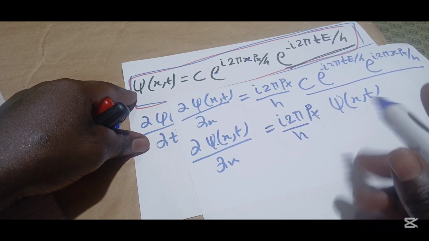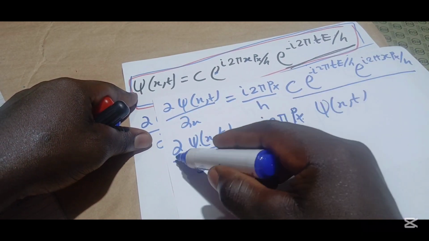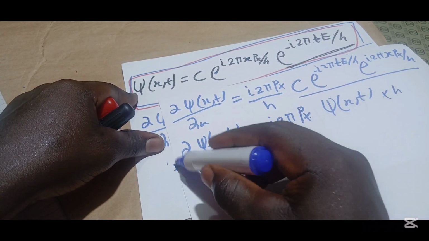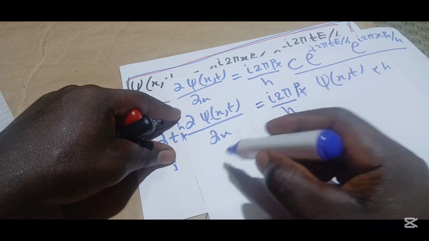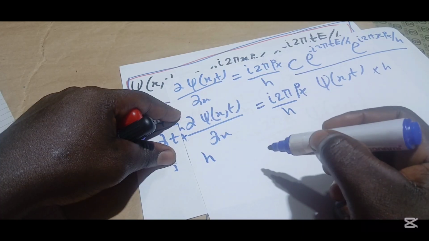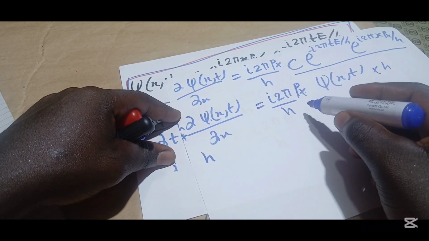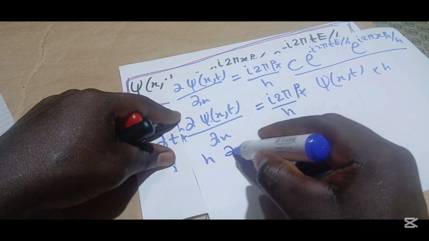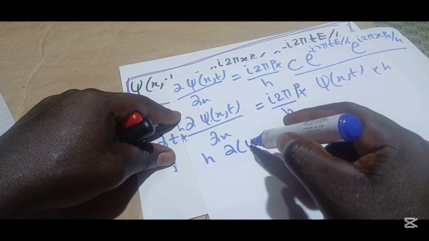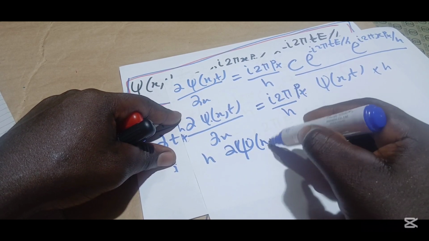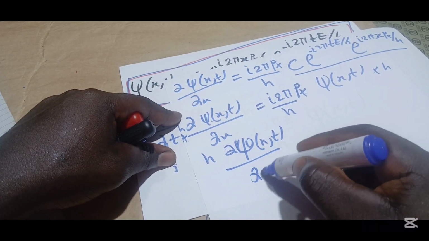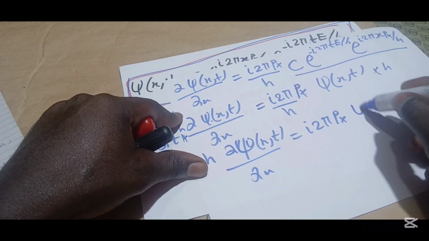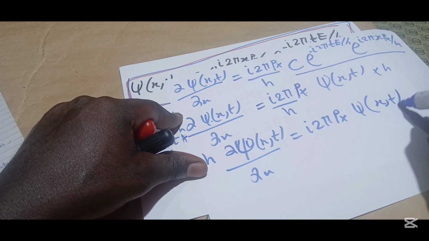So if we multiply both sides of the equation by h, the h and h here will cancel. We have an h term here, and then dψ(x,t) all over dx equals i 2π p_x and then the wave function ψ(x,t).